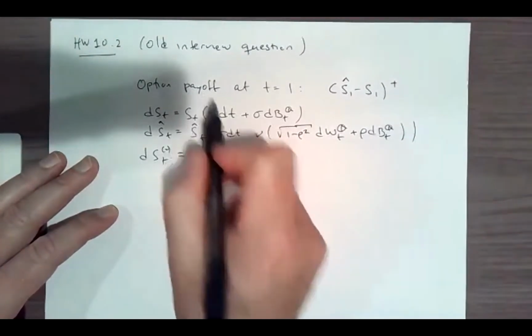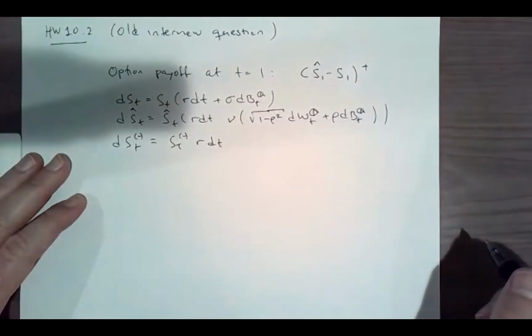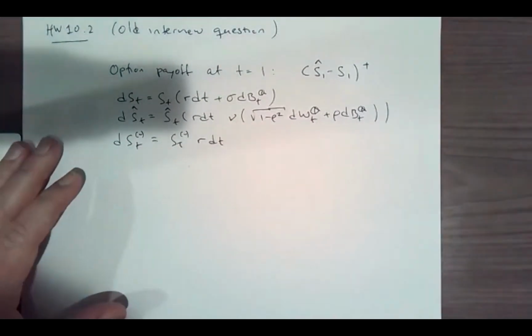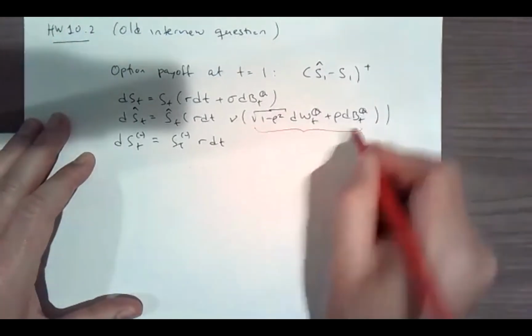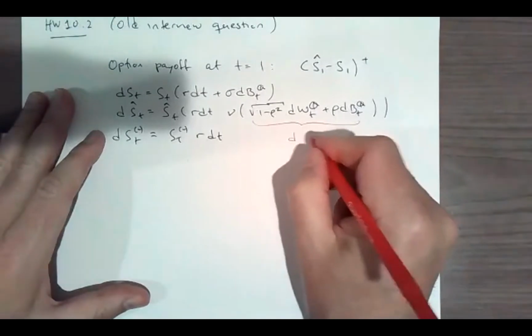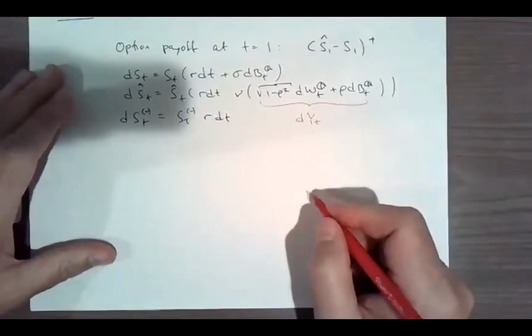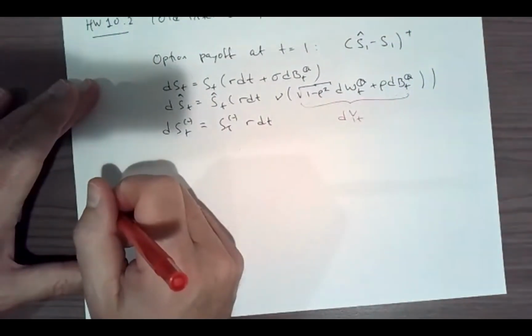Right, so you see there's a drift of r everywhere, and that's because we're under the risk neutral measure. You see this construction quite a bit. We could call this thing here dY_t, maybe Y_t.